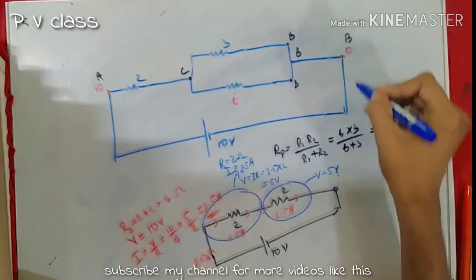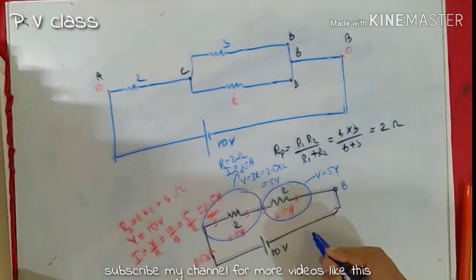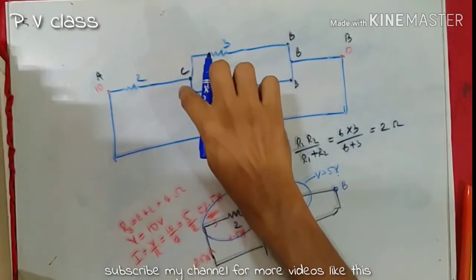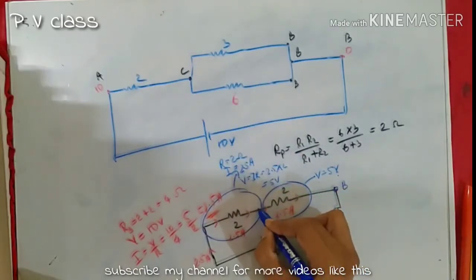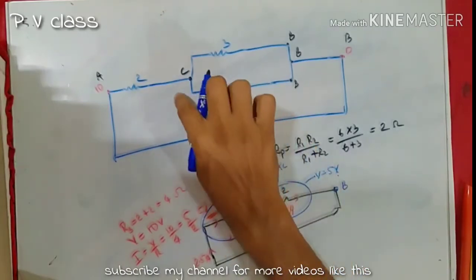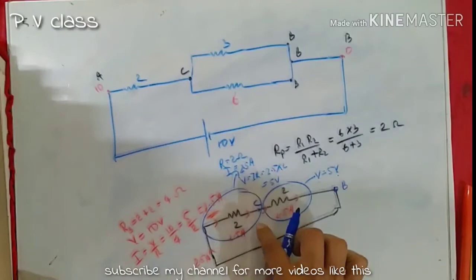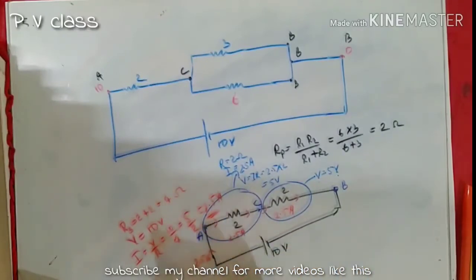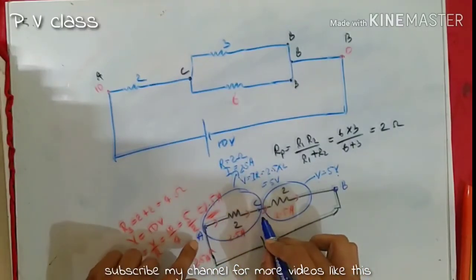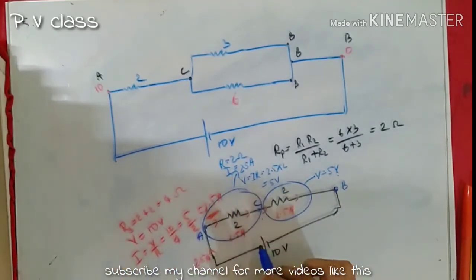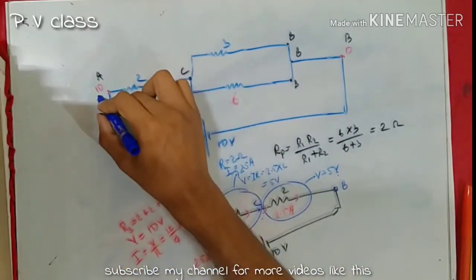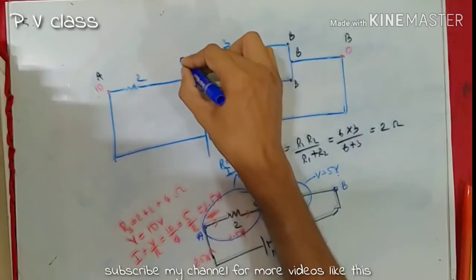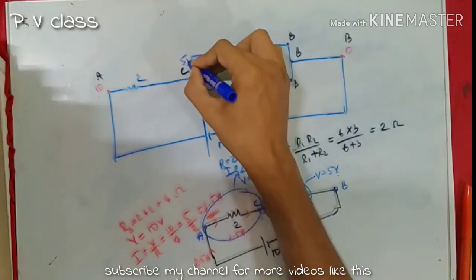Let me mark this point. This is our point corresponding to B, and this point C, it will be somewhere over here. It is the point corresponding to C over here, and this is the point corresponding to A. What is the potential difference between A and C? It is 5 volt. Therefore this is 10, means this should be 5 volt.